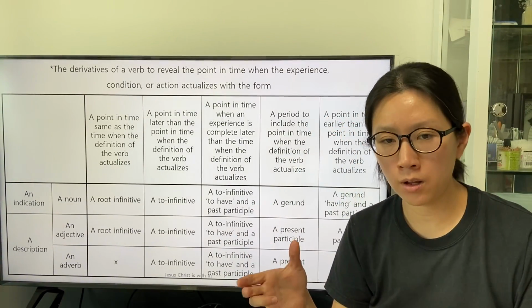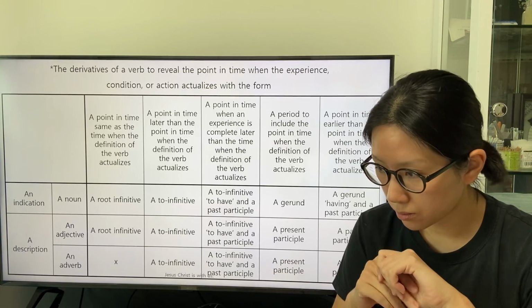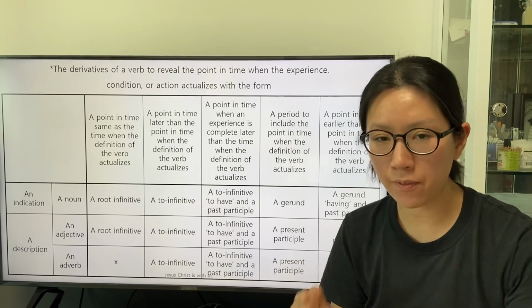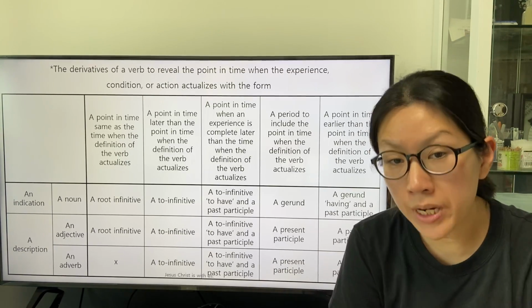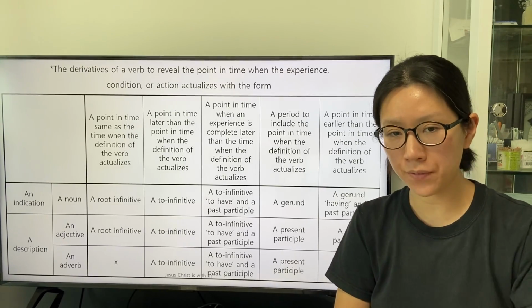The form of the past participle is accorded with this information, a point in time earlier than the point in time when the definition of the verb actualizes.